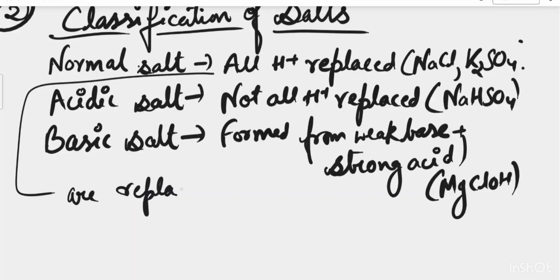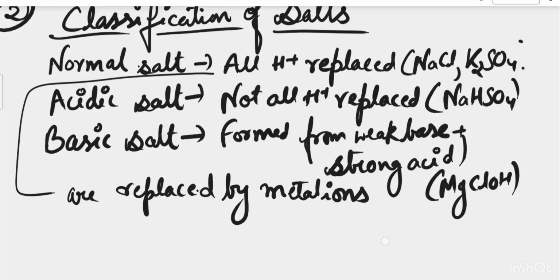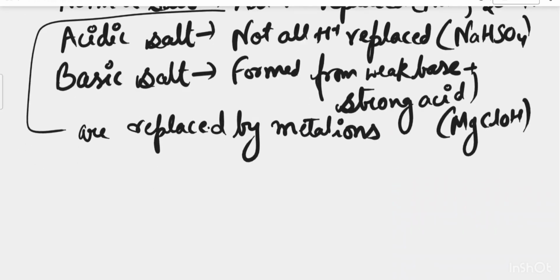In acidic salts, some hydrogen atoms remain. And in basic salts, these are formed by partial neutralization of strong acids with weak bases.